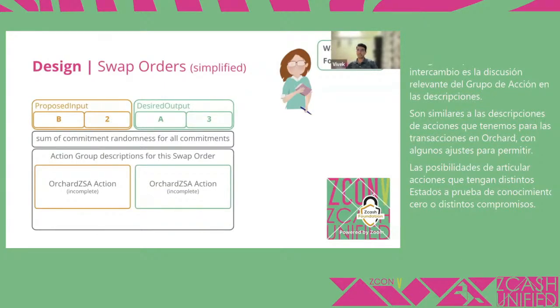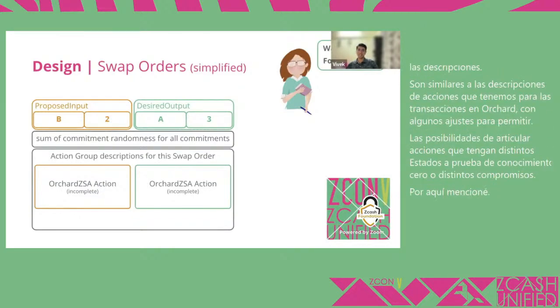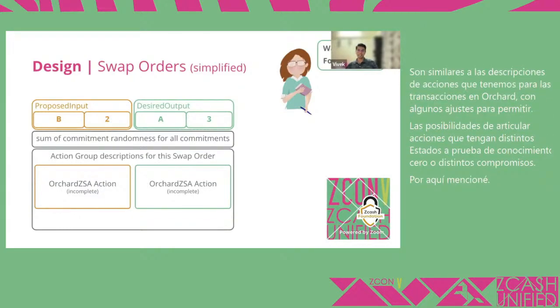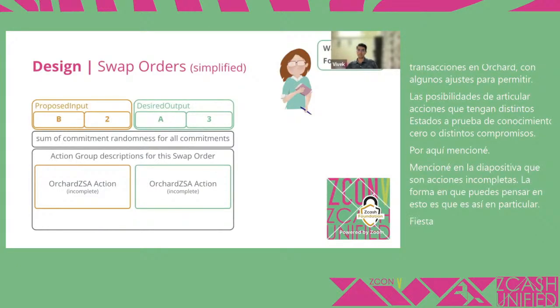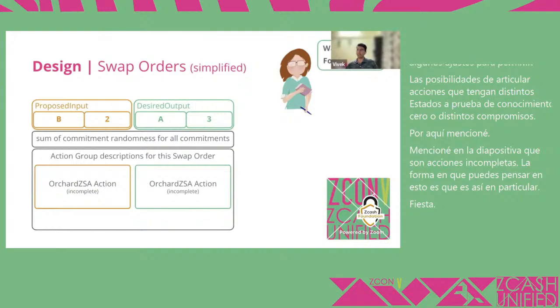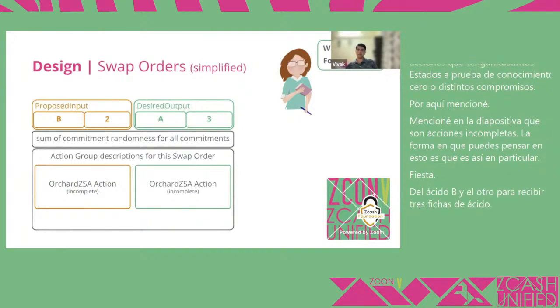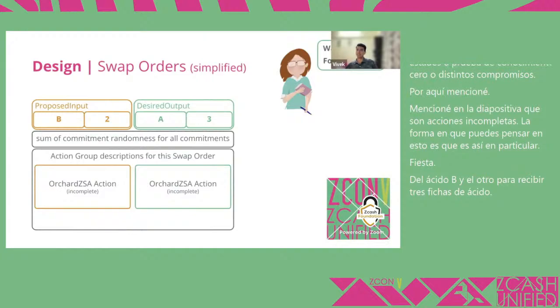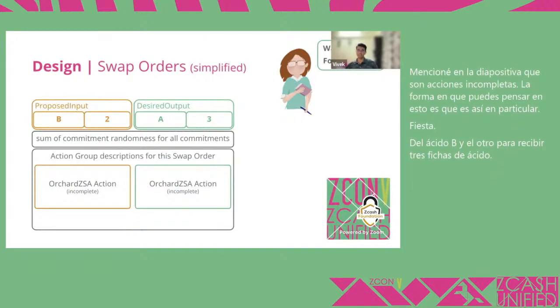I've mentioned in the slide that they are incomplete actions. So the way you can think of this is that it is this particular party's side of 2 Orchard ZSA actions, one to send 2 tokens of asset B and the other to receive 3 tokens of asset A. The design is such that when you combine it with the other party's swap order that matches, it will fill in the pieces to create complete actions to do both of these transfers.